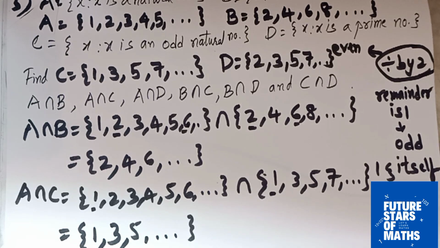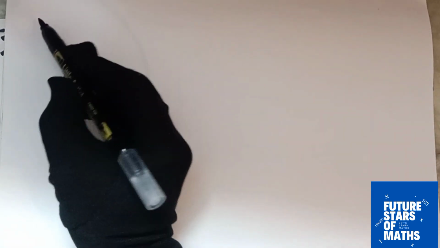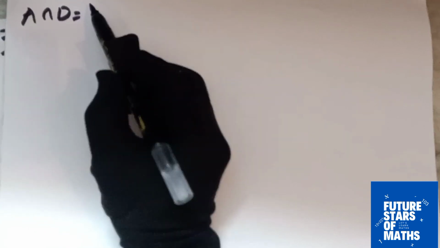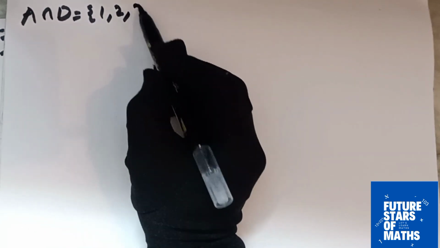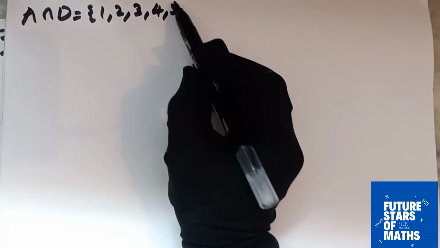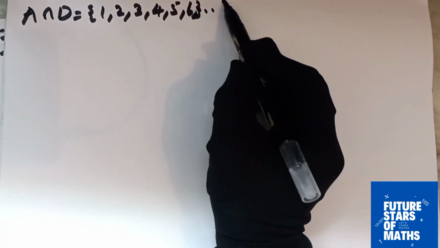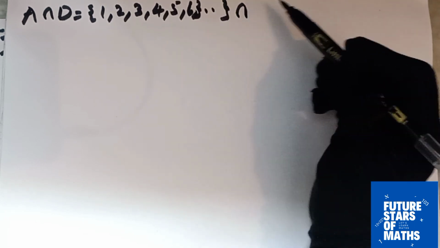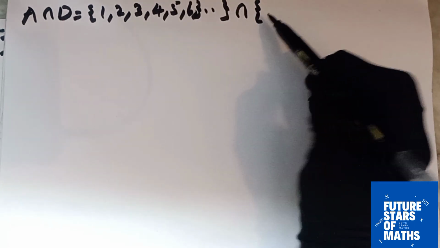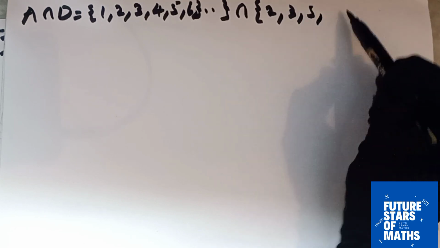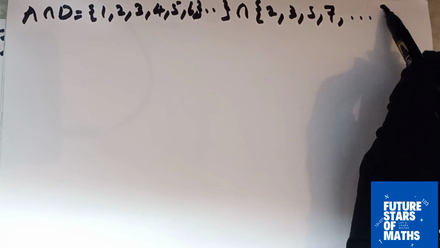Okay. Understood, students? So we will do the next bit, A intersection D. A is 1, 2, 3, 4, 5, 6, and so on. Intersection D. What is D? 2, 3, 5, 7, and so on.